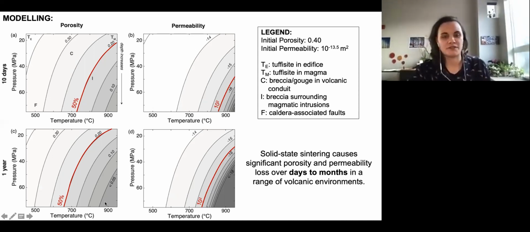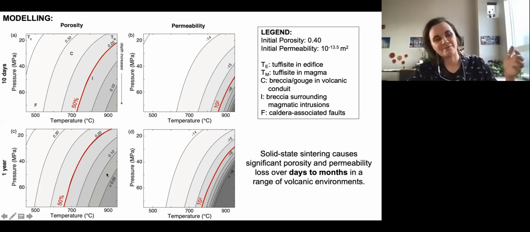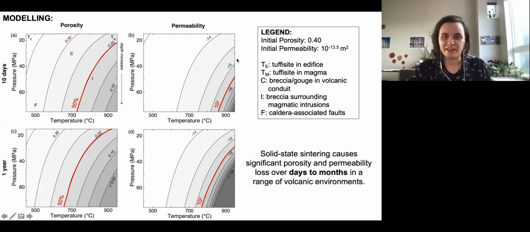After a year, of course, this region expands, and we can expect materials that sit at lower temperatures and lower pressures to also lose a significant portion of their porosity. Likewise, I've shown on here where permeability has been reduced by 2 orders of magnitude, and you can see it's a relatively restricted range after only 10 days, but after about a year, there's a greater number of pressure temperature conditions where we can expect permeability to be significantly reduced.